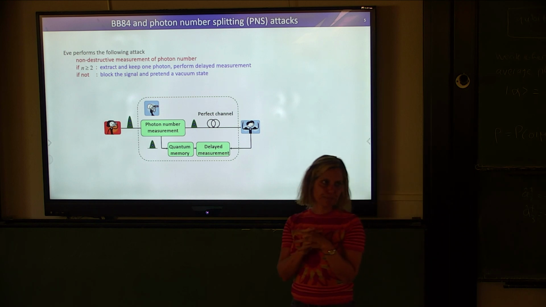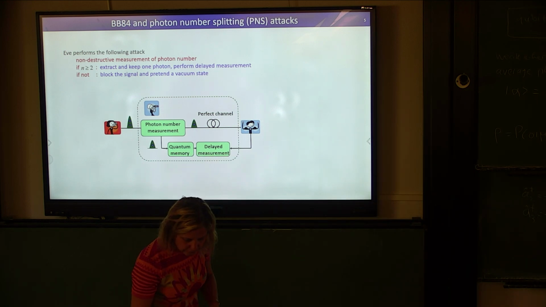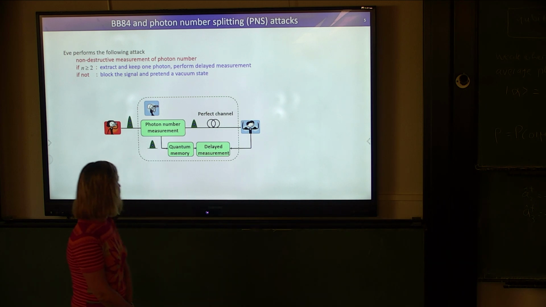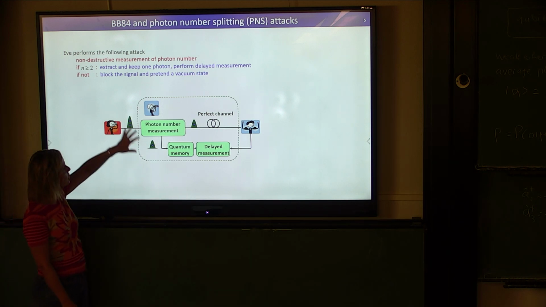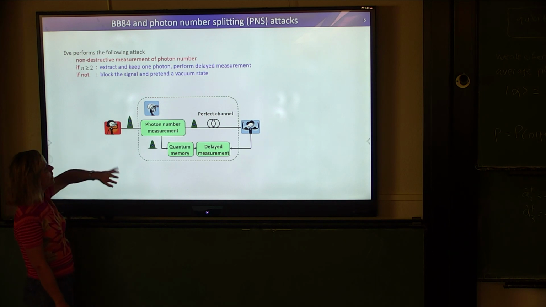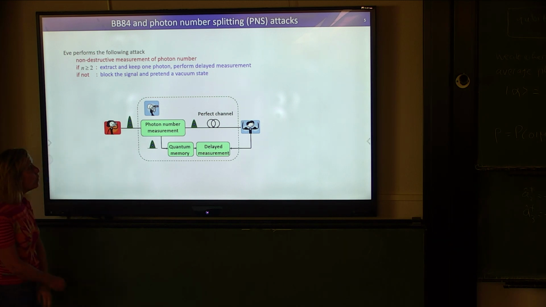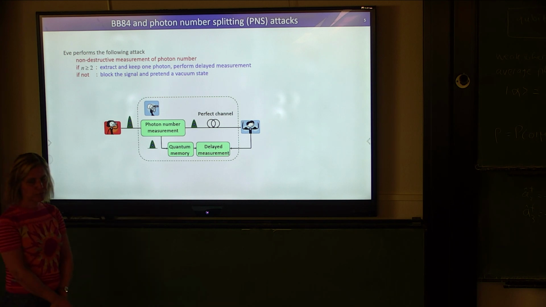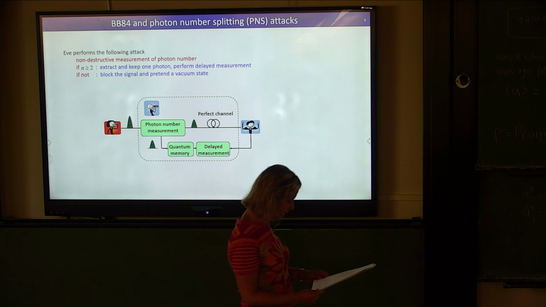Okay, but it exists. This type of translation between different modalities of qubit is possible. And so this is how you would do a non-demolition perfect photon number measurement, and this is how this attack would work. Okay. And so this is an extremely detrimental attack, right?